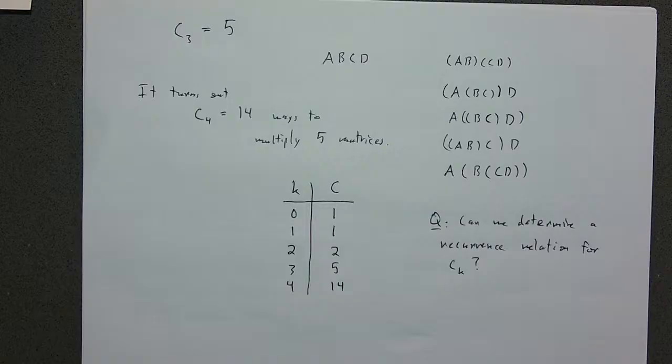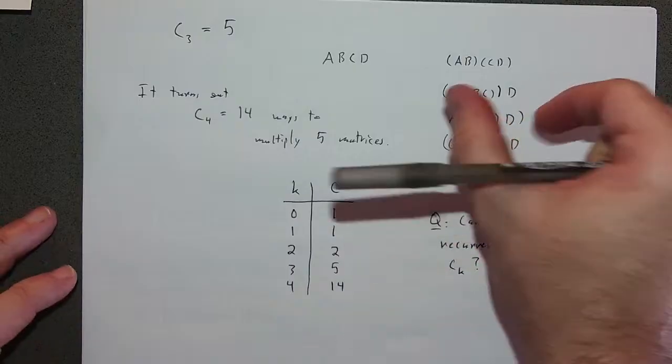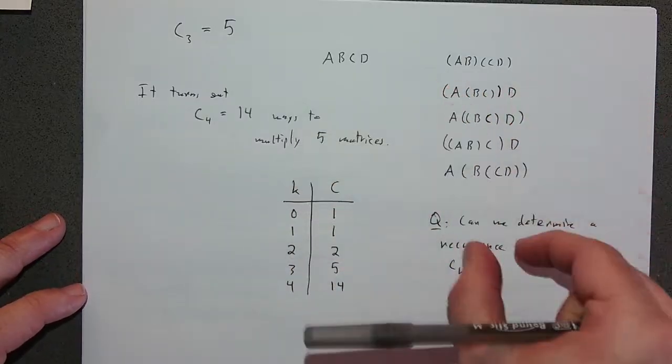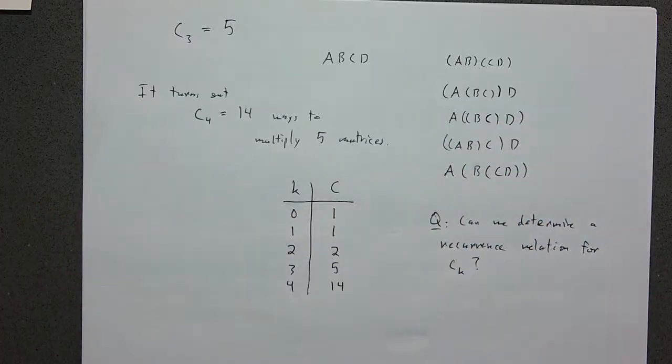But do we see a way to notice how the previous terms in this sequence of numbers tells you something about the next term, right? You might already be thinking in terms of that just because of how many ways there are to reassociate like sub-blocks of matrices here, or sub-strings of matrices.